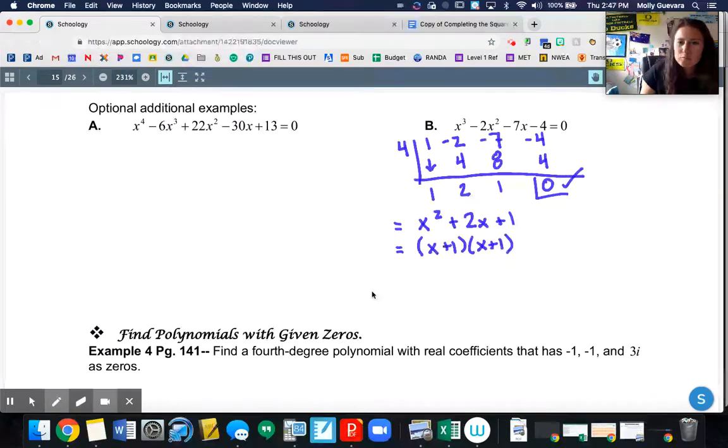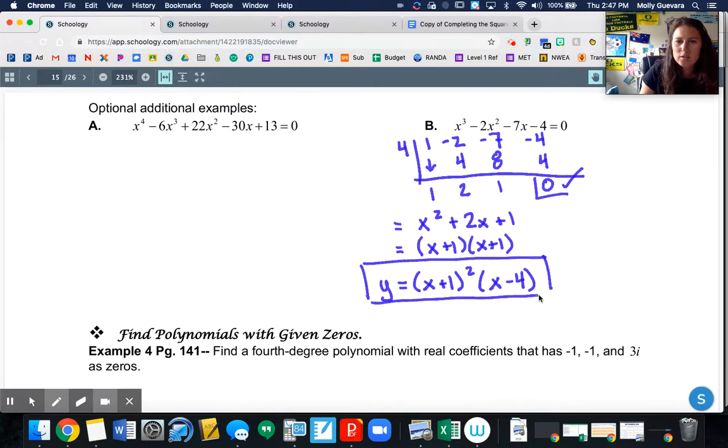Okay, so my product of linear factors, I have x plus 1 squared and x minus 4. So this tells me it crosses the x-axis at -1 twice, so it bounces at -1, and then it cuts through at positive 4.